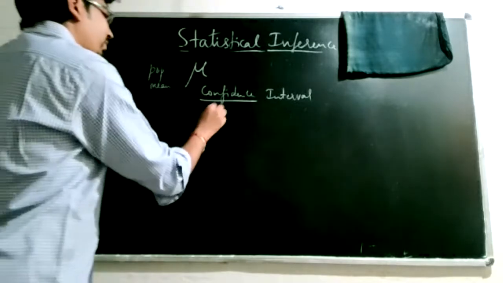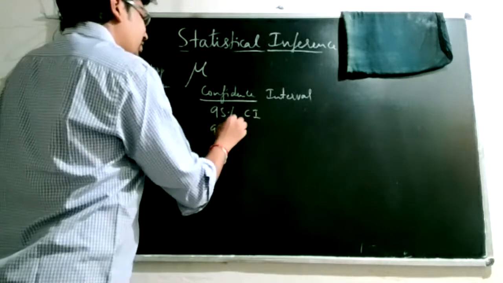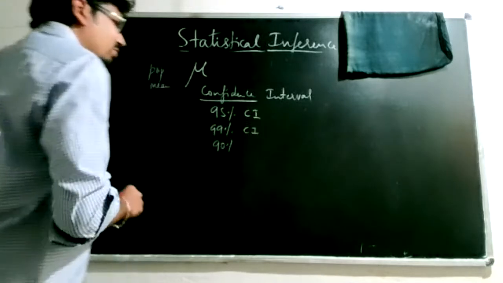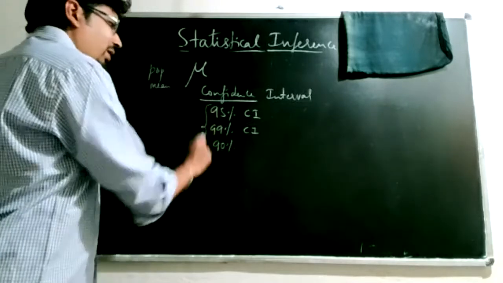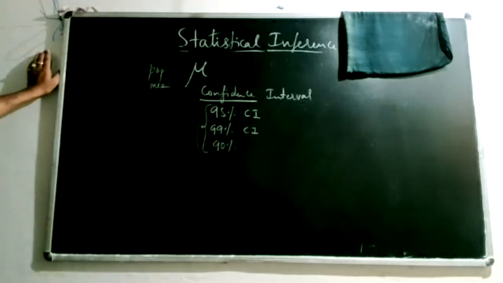So we could come up with a 95% confidence interval, 99% confidence interval, 90% confidence interval, and so on. So you are guaranteeing that these many times your mu will lie in that particular interval.